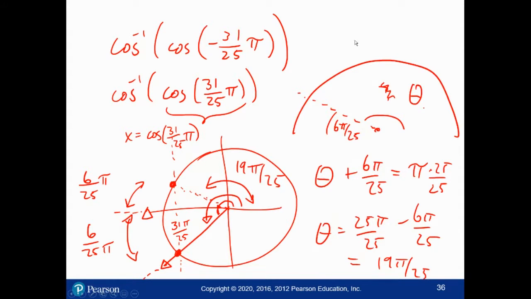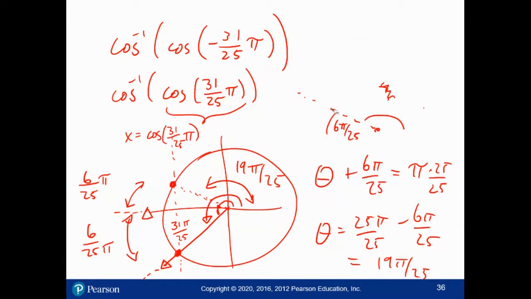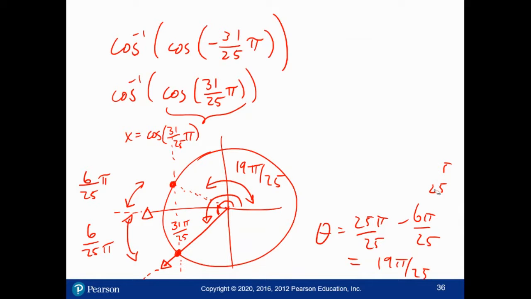And again, I'm going to erase the work on the right. Now that we found that angle, we can basically finish the problem. So what we've now determined is 19 pi over 25 is an angle that has the same cosine that 31 pi over 25 had.